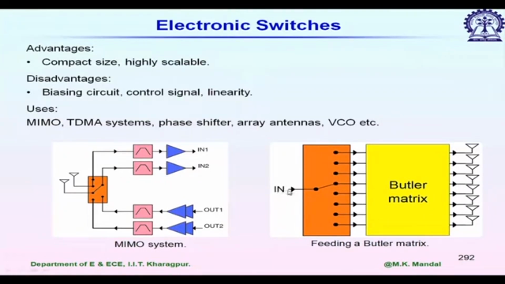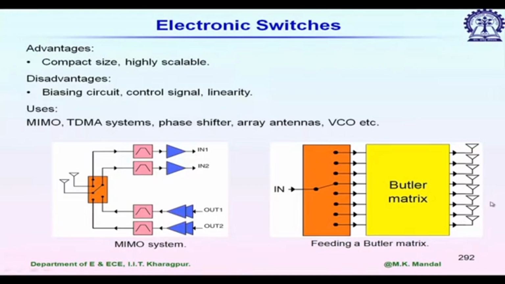If the input is connected to the second point, then this progressive phase shift will change and the beam direction will change. If we connect to the third input point of the Butler matrix, then again we have a new phase distribution among the output points. So, we have a new beam direction.